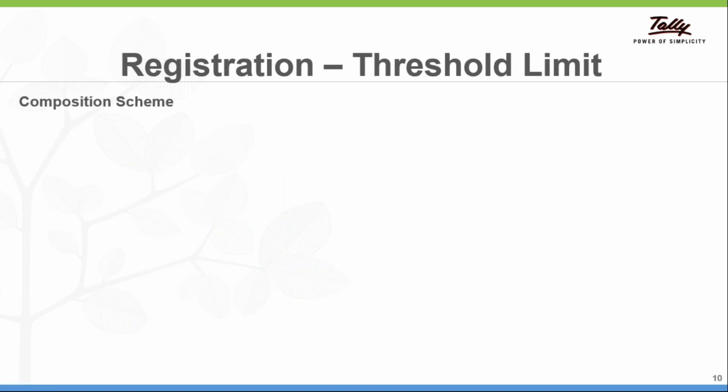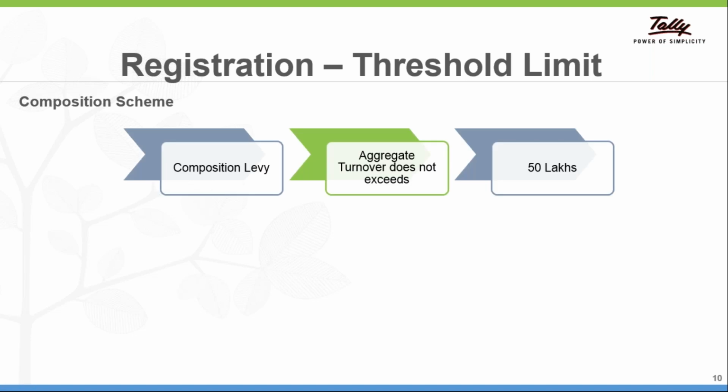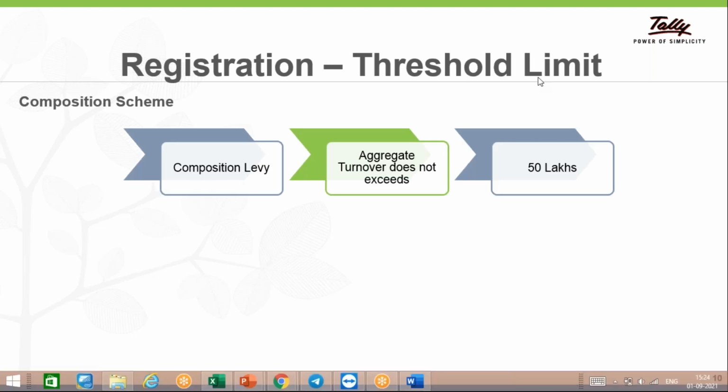Then it comes under the composite scheme. You will be registered as a composite dealer when your aggregate turnover does not exceed 50 lakhs. Then you will be under the composite scheme. In case it exceeds 1.5 crore, you will automatically convert to a regular dealer.